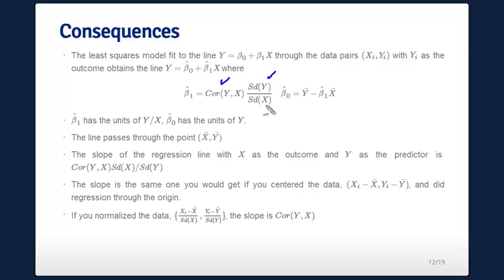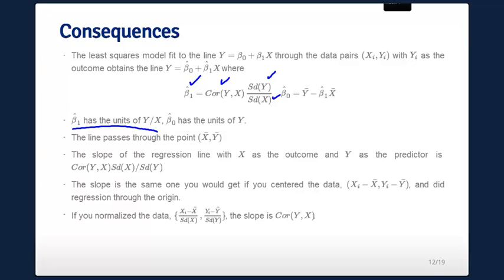This guy has units of y, this guy has units of x, so the units of the slope are units of y over units of x, which makes sense. The slope is the change in y over the change in x, so it has to have those units. Beta 1 has the units of y over x. Beta naught has units of y, of course.